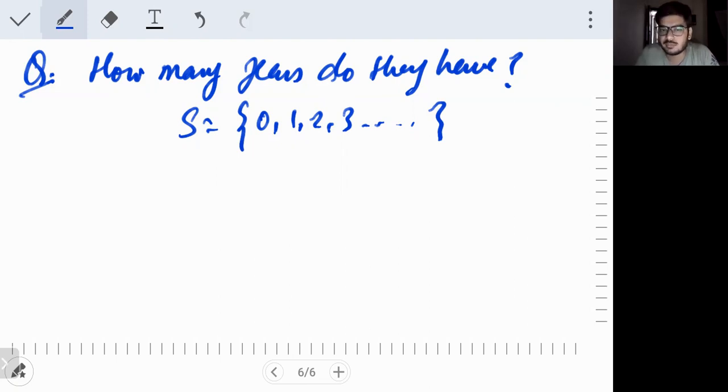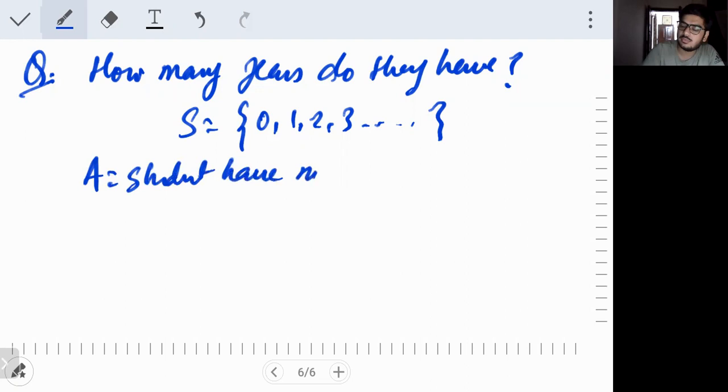Now let's define some events. A is the event that a randomly selected student has no jeans, that is 0.